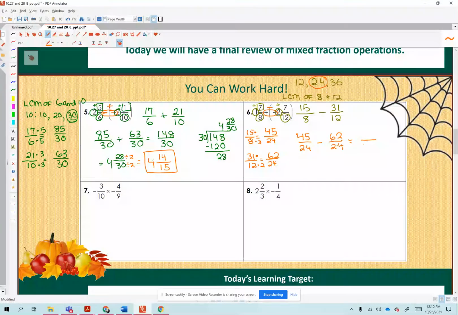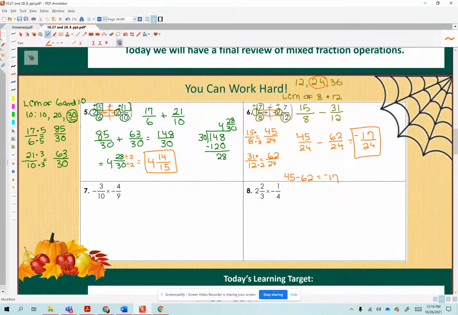And I have my denominator of 24, and 45 minus 62 is, remember, we ignore the signs, subtract 45 from 62, and give the answer the negative sign from the 62, which would be 17. So that would be a negative 17 over 24. And we cannot simplify that any further, so that will be our final answer.